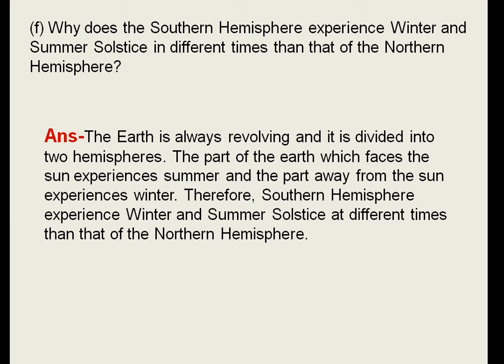The part of the earth which faces the sun experiences summer, and the part which is not facing the sun experiences winter. Therefore, the Southern Hemisphere experiences winter and summer solstice at a different time than the Northern Hemisphere. Right? It's all about the revolution of the earth.